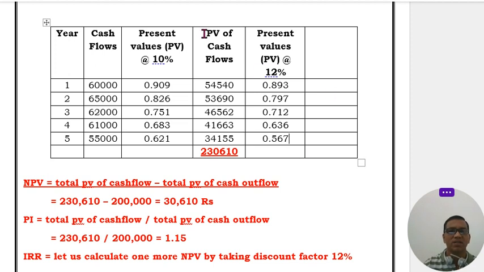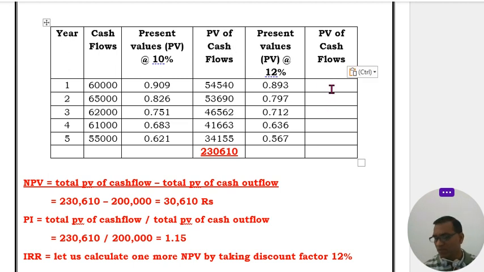That's it. And then I calculate here again the PV of cash flows. PV of cash flows means cash flow multiplied by the present value at 12%. This is the new PV of cash flow. First year, cash flow 60,000 multiplied by 0.893 equals 53,580.